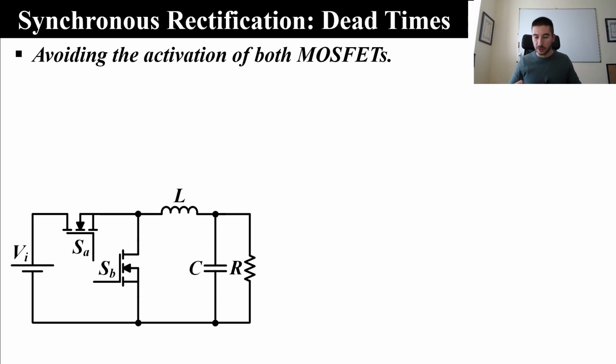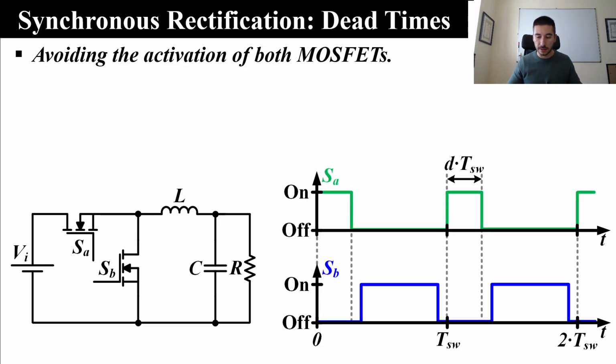Let's see the control signals for this buck converter, and as a consequence where we have the dead times. The first waveform is the classical waveform that we have seen in previous videos, the control signal of MOSFET SA, the main MOSFET. So it's the same as in the previous cases.